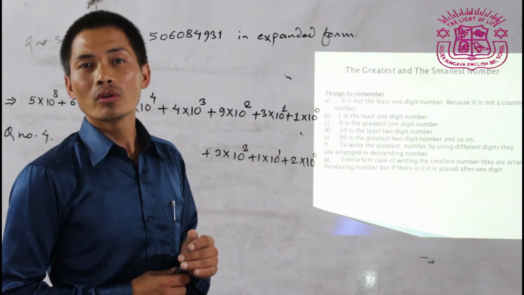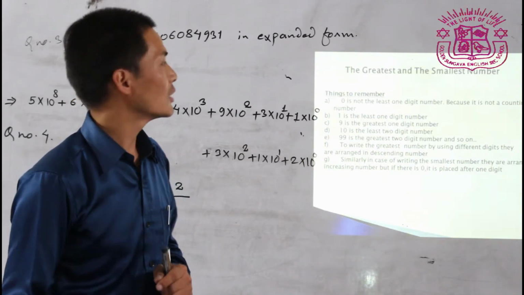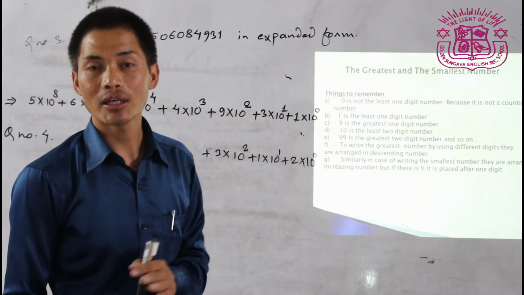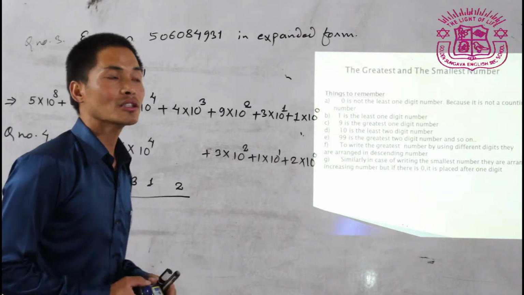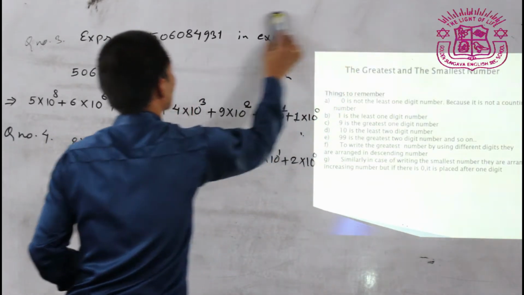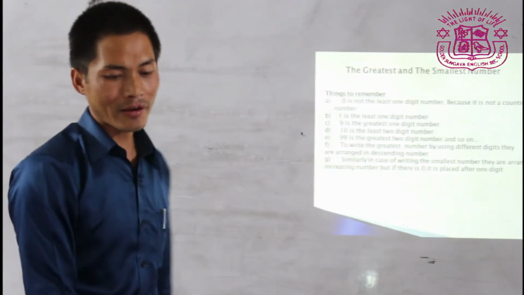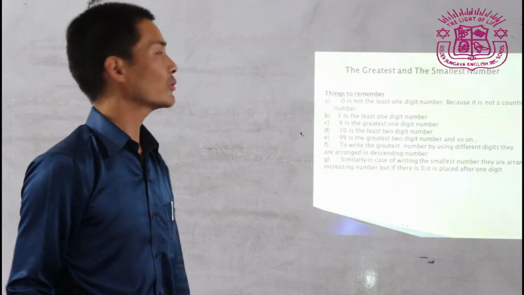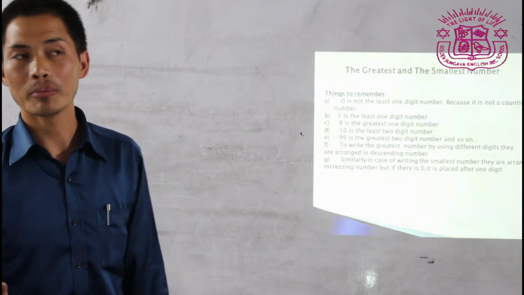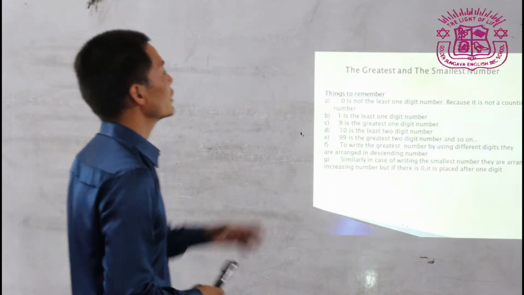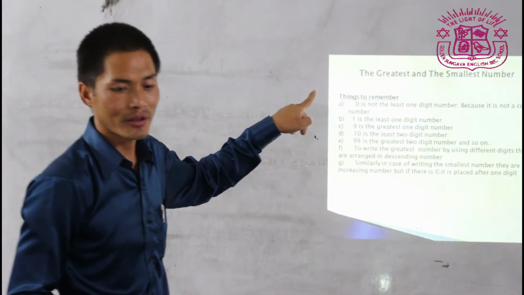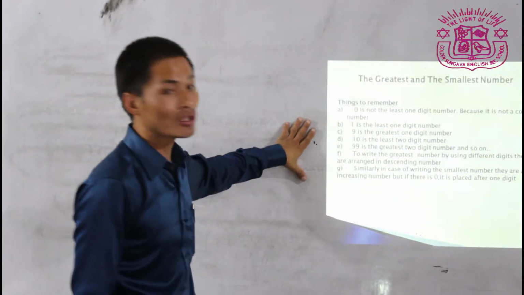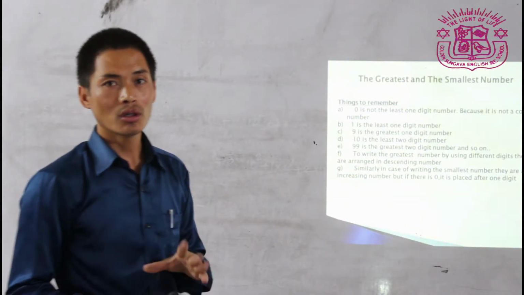The next part that we have to study in the number system is the greatest and the smallest number. Here I have listed some points that you have to remember before solving for the greatest and the smallest number. You can note these down in your notebook also.